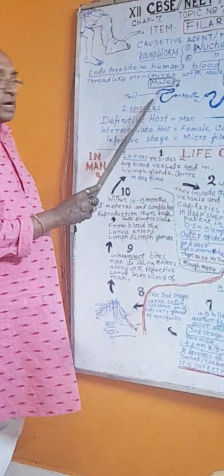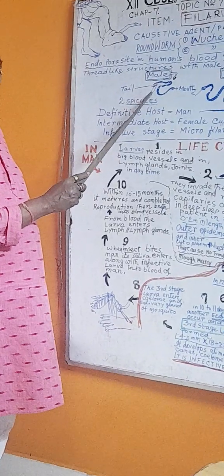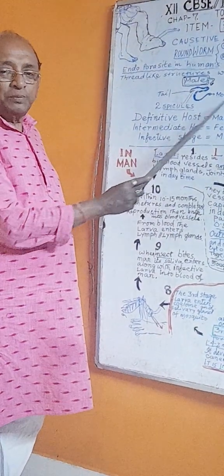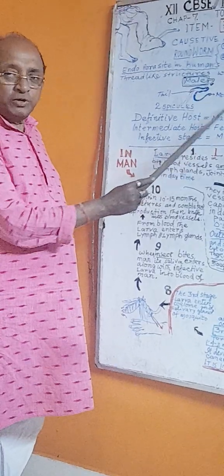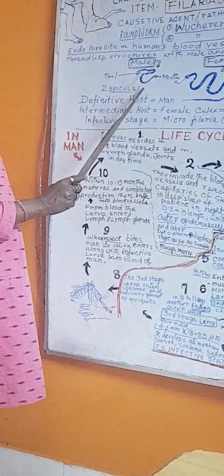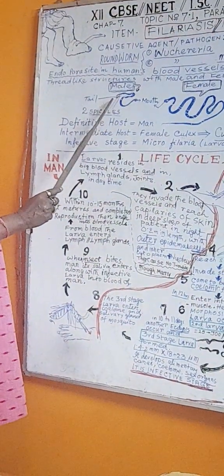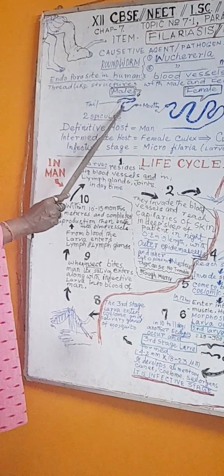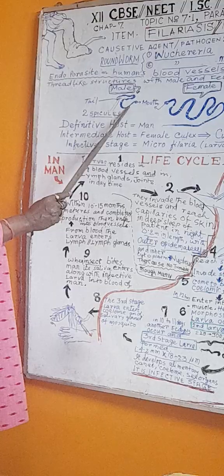These spicules are used at the time of mating with the female, for reproduction. They remain outside the body, and in number they are two.